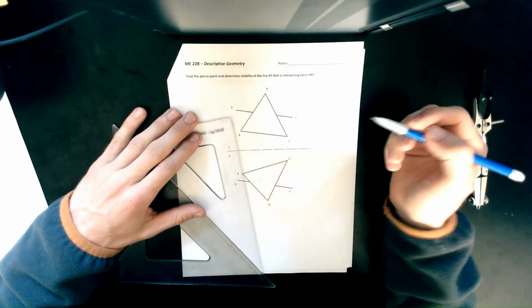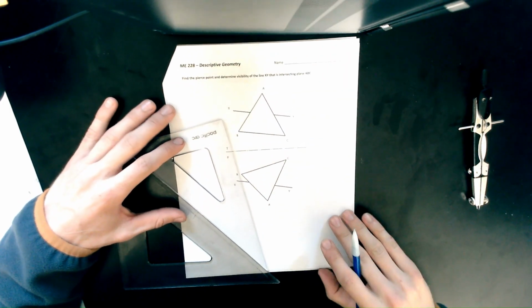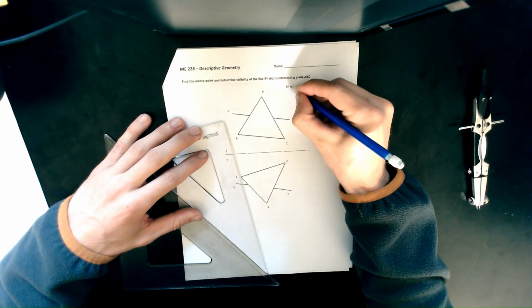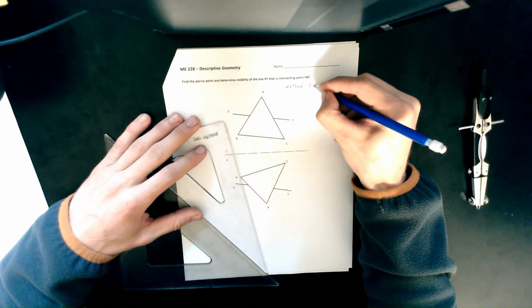So to determine where the pierce point is between this line and this plane, we actually have two methods that are outlined in the book, but the method that we are going to use is called the cutting plane method.